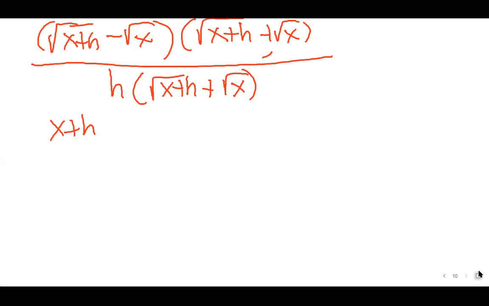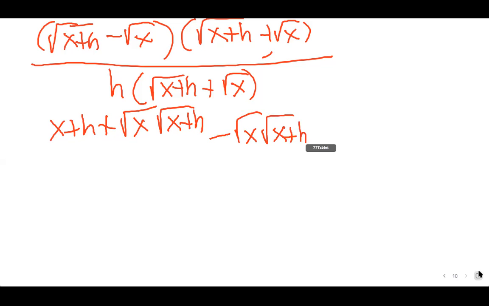Plus, we have plus square root of x times the square root of x plus h, minus square root of x times square root of x plus h, right? And then minus square root of x times the square root of x is x.